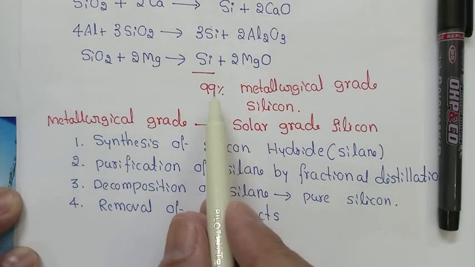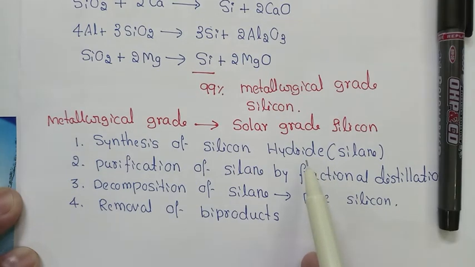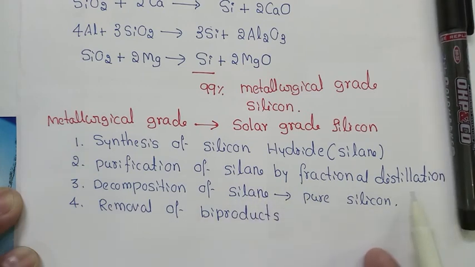Here metallurgical grade silicon is treated with hydrogen chloride, and then with hydrogen gas, we get silicon hydrides or silanes. Then it involves purification of silane by fractional distillation, decomposition of silane, conversion of silane to pure silicon, then removal of byproducts. Let us see these steps one by one.